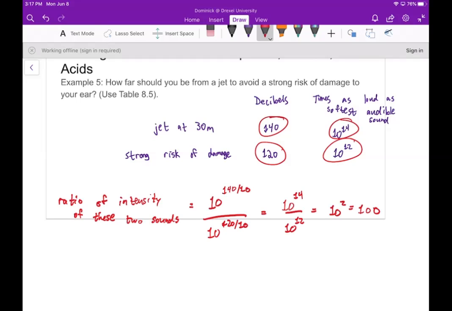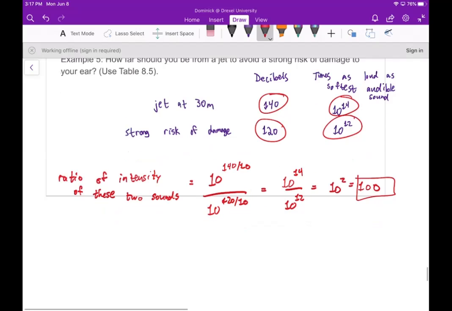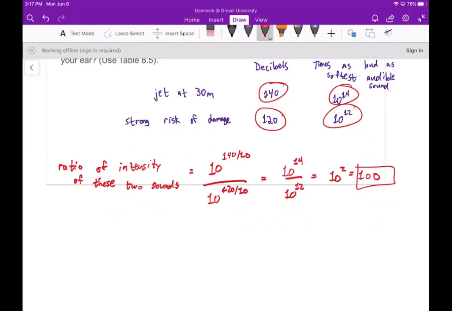So that means that the jet is 100 times more intense than what a strong risk of damage to the ear would be. So we need to be further from this jet to weaken the sound intensity by at least a factor of 100.